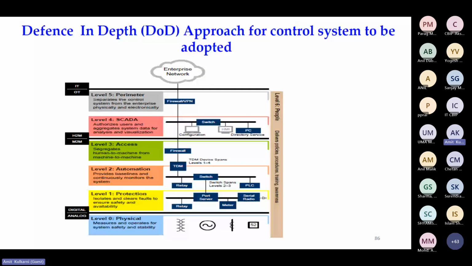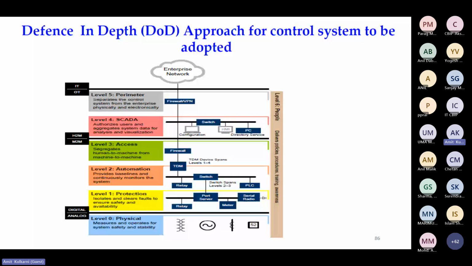Anyway, coming back to the discussion, defense in depth. This has six layers. The bottommost, zero level, is the physical layer, where physical equipment like circuit breakers and all the power system equipment are present. The second level is protection and metering: relays, meters, etc. Then there is the automation layer, then access control, then SCADA.